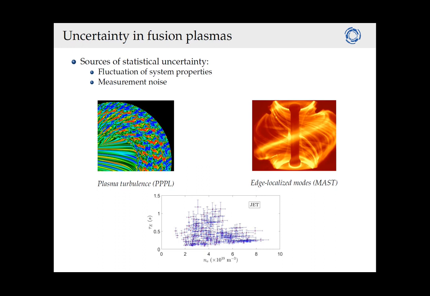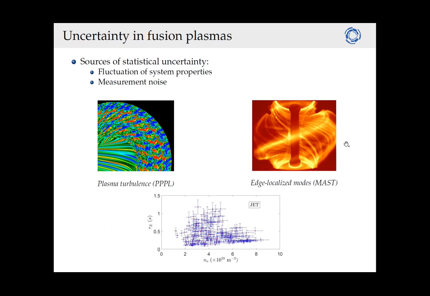And another source of uncertainty is due to the measurement system, the diagnostics, the sensors, so measurement noise, let's call it that way. On the right hand side you see here an example that is relevant for the application that we are going to speak about in a minute.